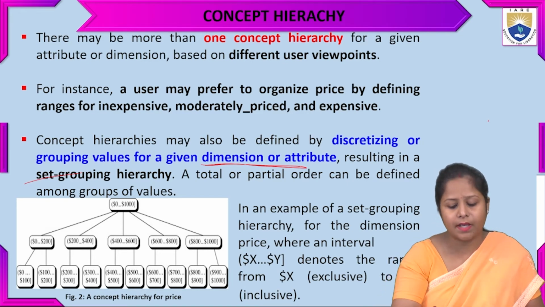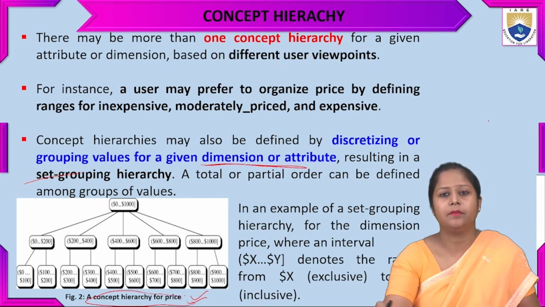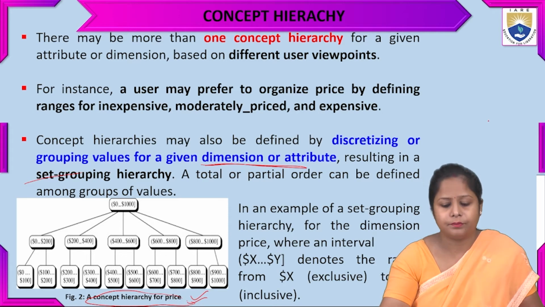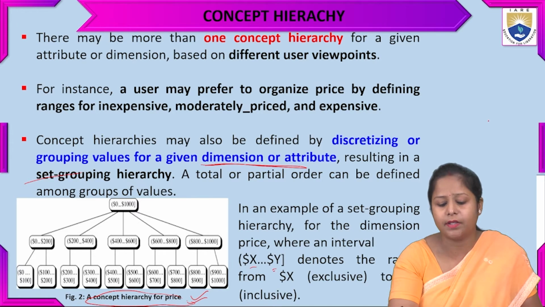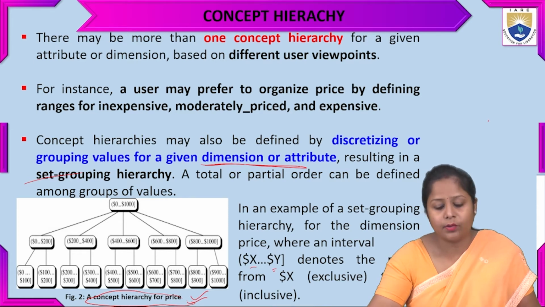In this figure, this is the concept hierarchy for the price dimension, the price attribute. This is the set grouping hierarchy for the dimension price, where the interval $x to $y denotes the range from $x, which is exclusive, to $y, which is inclusive.